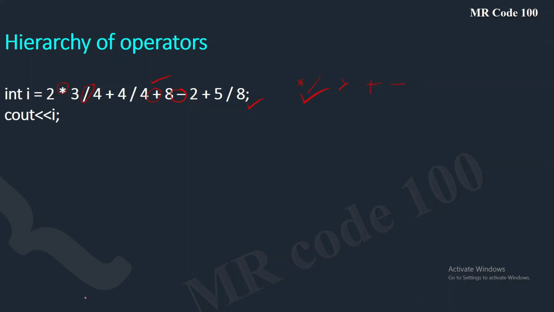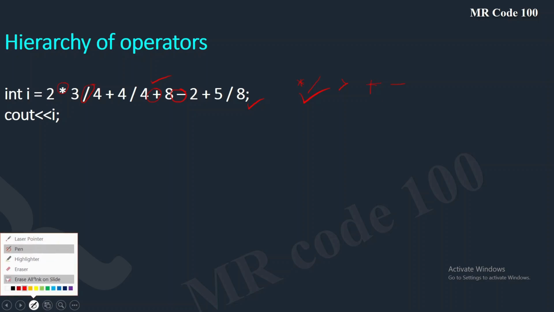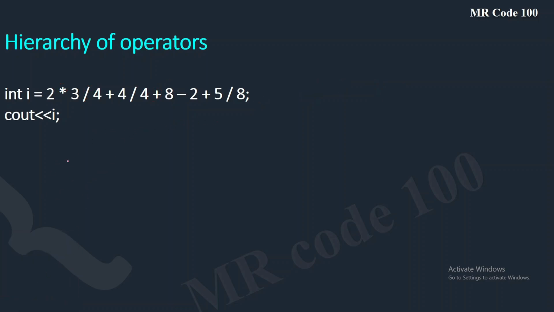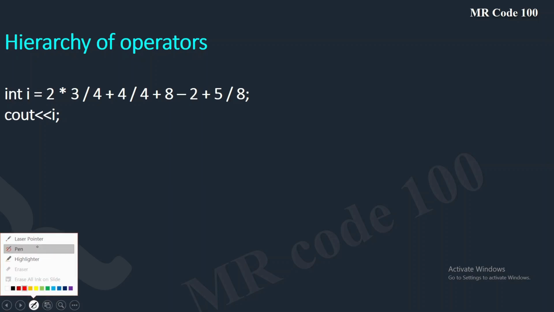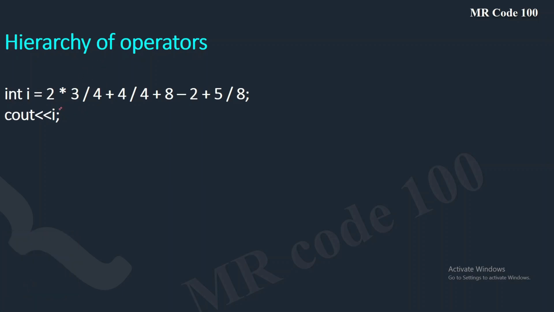As you can see, from this expression we will start from this one. As I have already said, multiplication and division have greater priority than plus and minus, so we will first calculate this one.